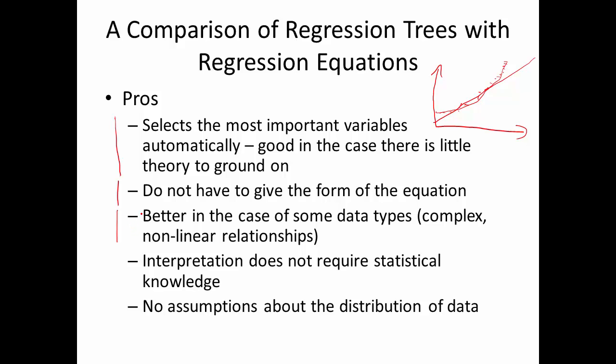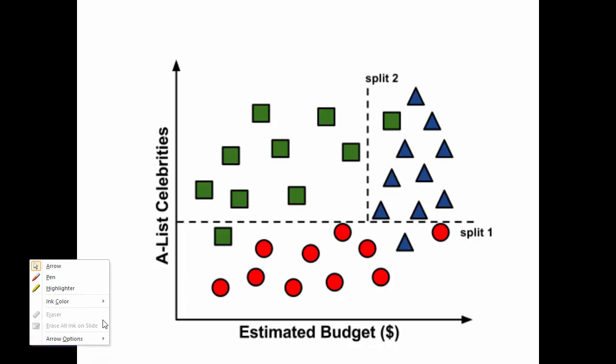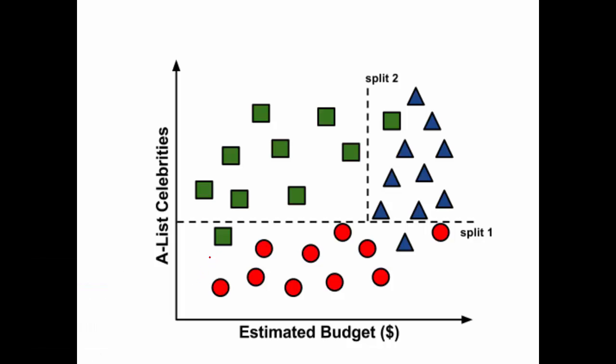So remember that early picture where we looked at a comparison of decision tree classification and linear classification. The linear classification could only draw a straight line through the data, whereas decision trees drew boxes inside the data.